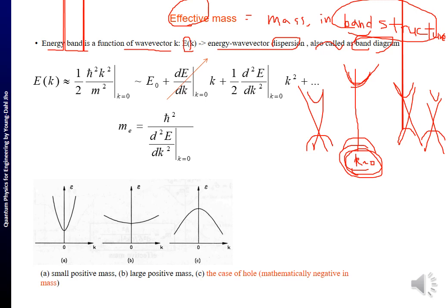And let's say this band structure could be expanded in terms of K, right? So, for example, here in this figure A, let's say the minimum value is E0.